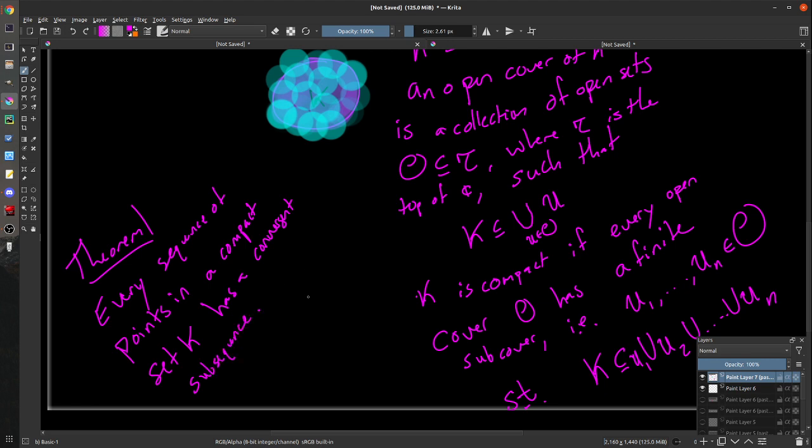And remember, because in C a compact set has to be closed and bounded, what we can say is it has a convergent subsequence whose limit lies in K as well.